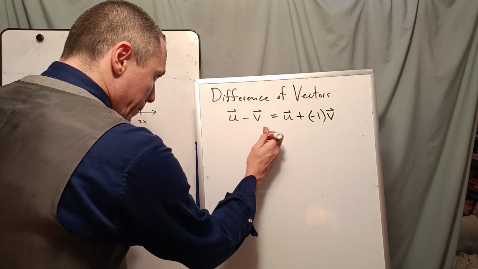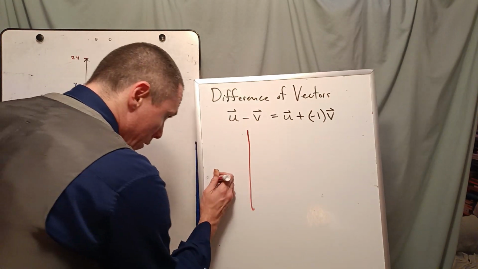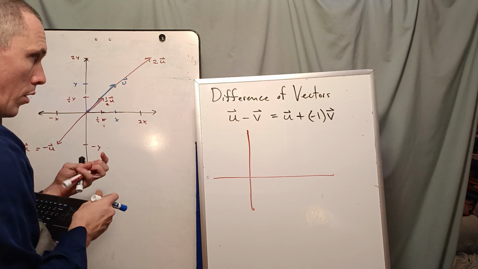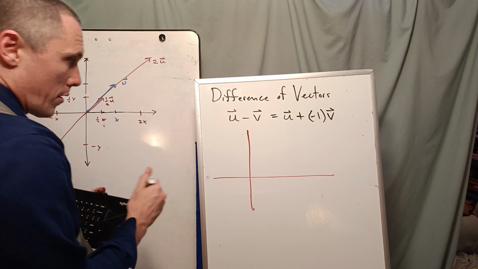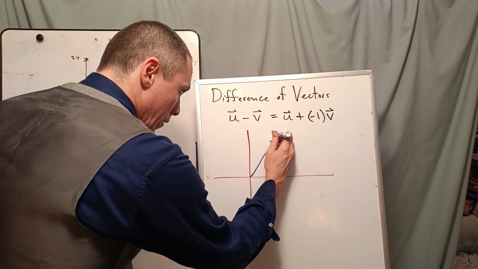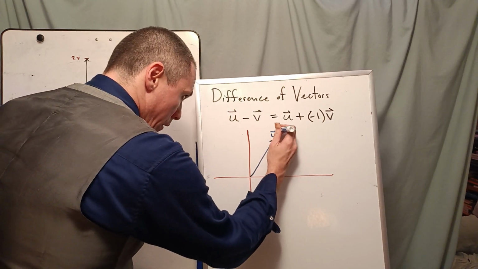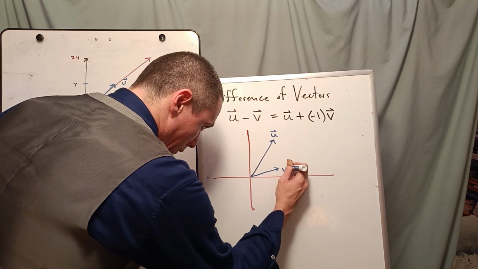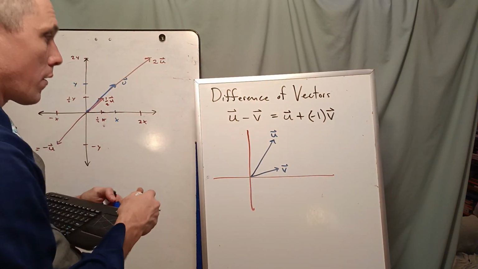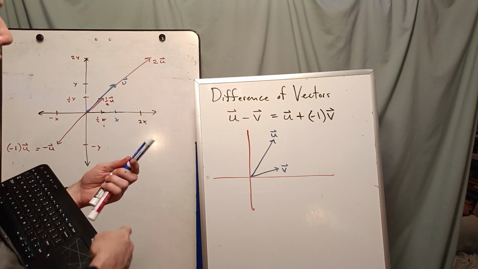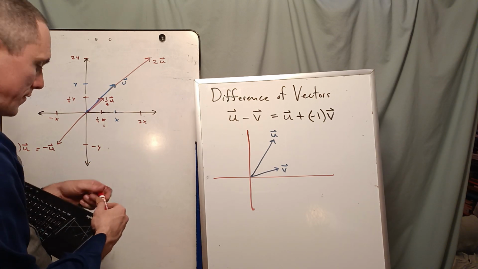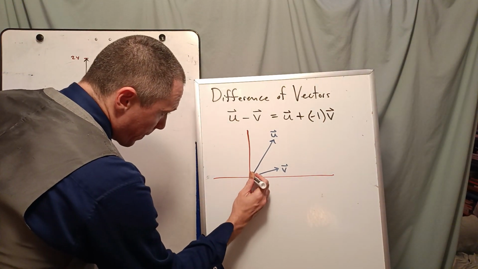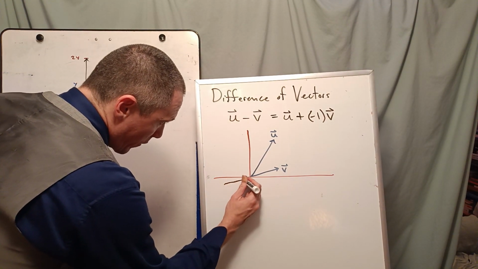So let's see if I can draw what this might look like. Let's say we had u, and let's say we had v. Then minus v is going to be down here. Anti-parallel, same length.